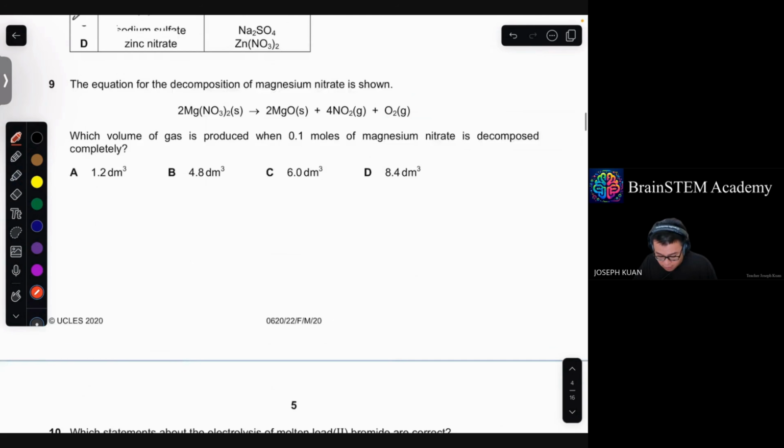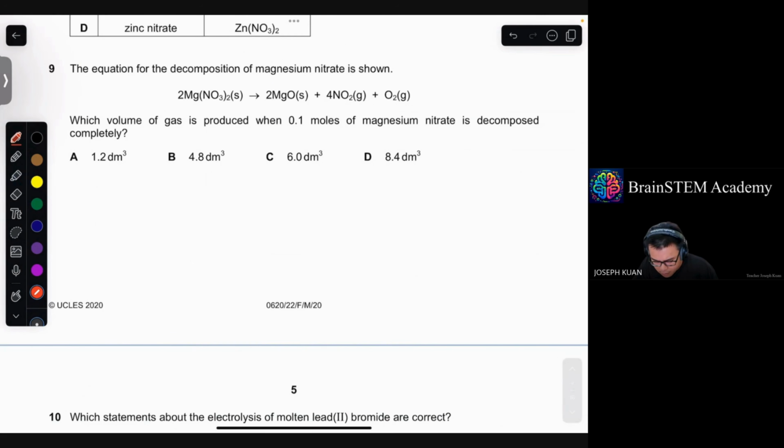Moving on to number 9, the equation of the decomposition of magnesium nitrate is shown. Which volume of gas is produced when 0.1 moles of magnesium nitrate is decomposed completely? So 0.1 moles of magnesium nitrate is the reactant. From the equation, as mentioned many times, the equation tells us the mole ratio.